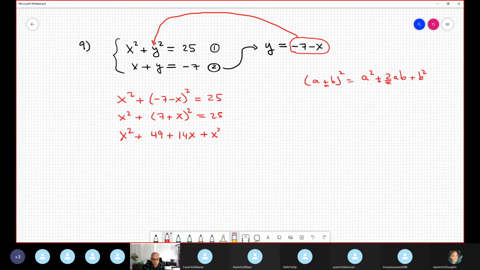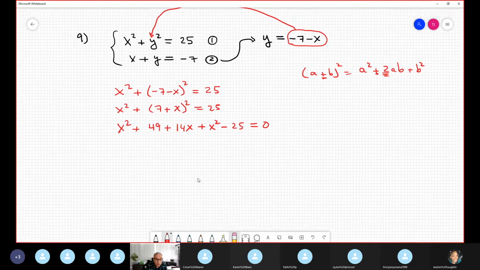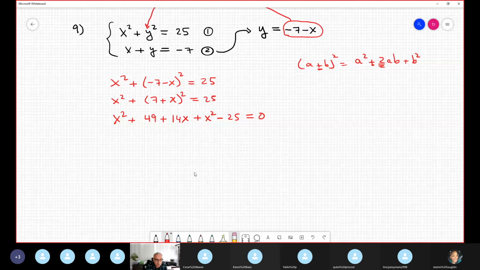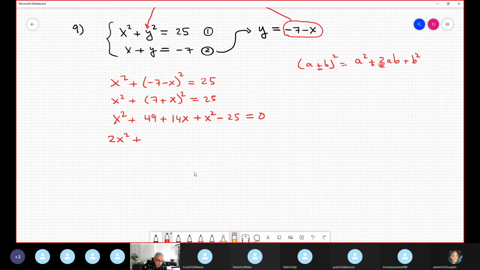Plus x squared minus 25 equals 0, because in that moment I realize that we finish in a quadratic equation, no? So I try to put it in standard form. So you combine like terms: 2x squared plus 14x plus 24. Okay, the subtraction 49 minus 25.